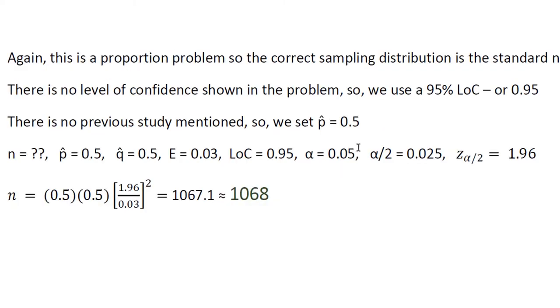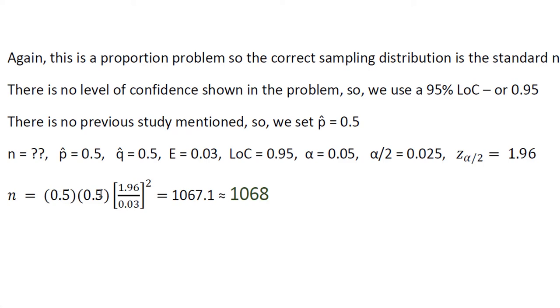Alpha is equal to 0.05. Alpha over 2 is 0.025, and z sub alpha over 2 using the norm.s.inv function is equal to about 1.96. We pop that in the formula.